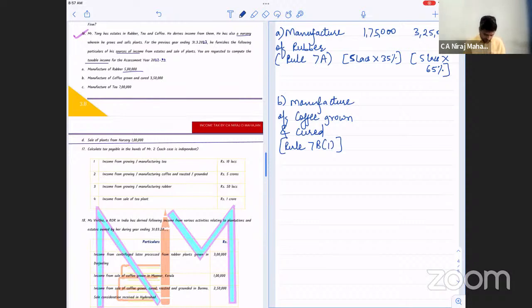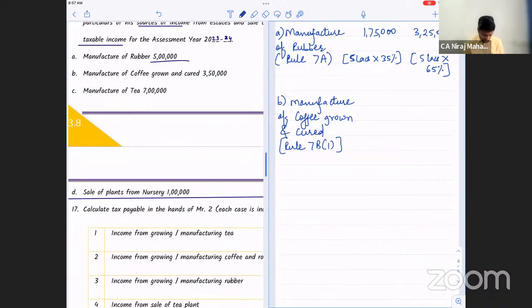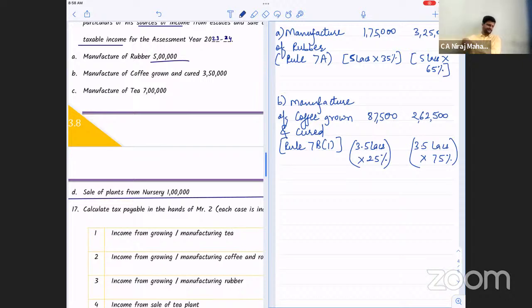So 25% is business. Of how much? My profit was 3.5 lakhs. So I'm writing 3.5 lakhs into 25% and 3.5 lakhs into 75%. So how much is it? 87,500, is it? Business. And agri is 262,500. Right, everybody? All right.